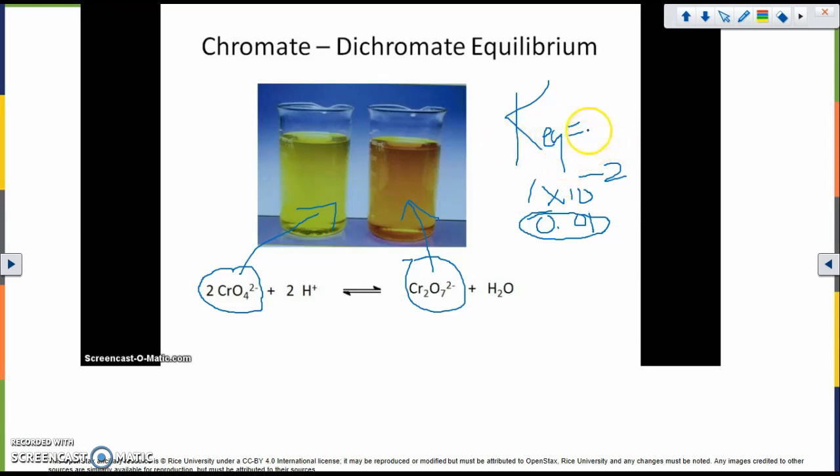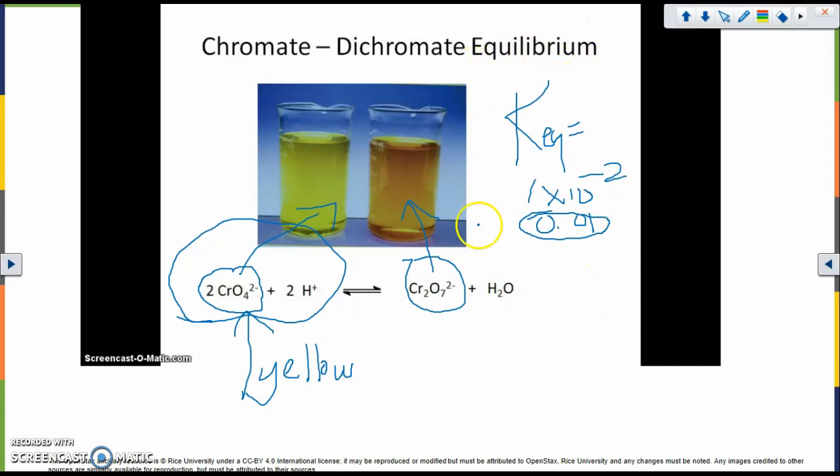So what species is dominant at equilibrium? Well, if you have a KEQ less than 1, the reactant side is going to be the dominant species. So at equilibrium, the color that we would expect to see from this solution is yellow. And that is based upon KEQ.